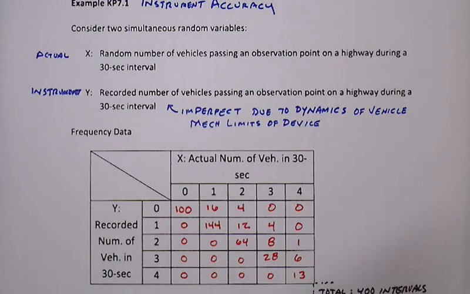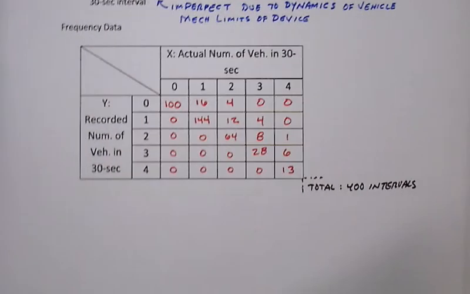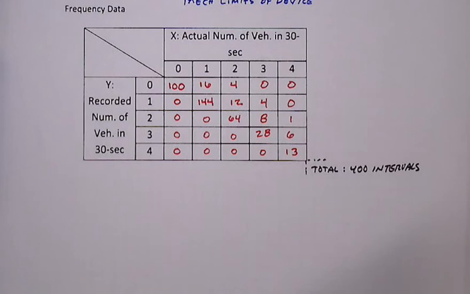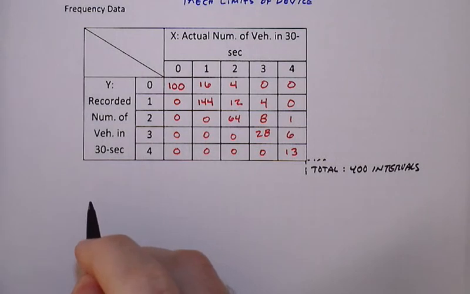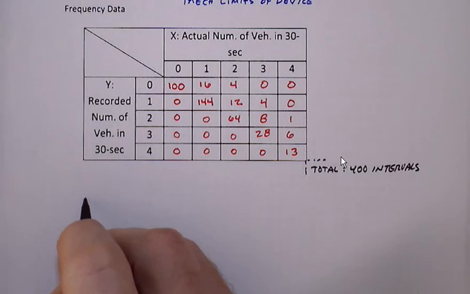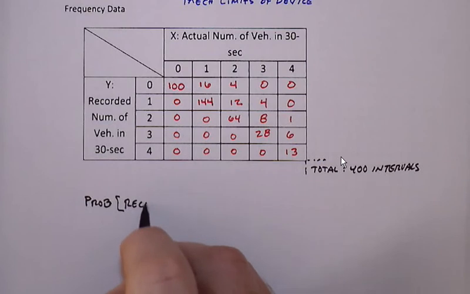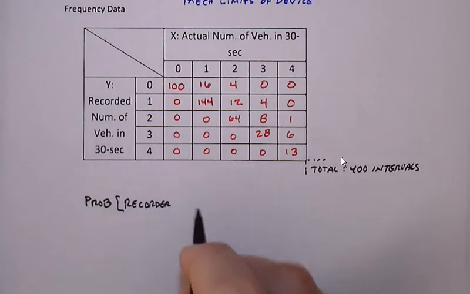Right, I'm going to slide this on up. So we're going to be doing a number of calculations, and so one of the questions that we were interested in is, well, what's the probability that the recorder is correct?